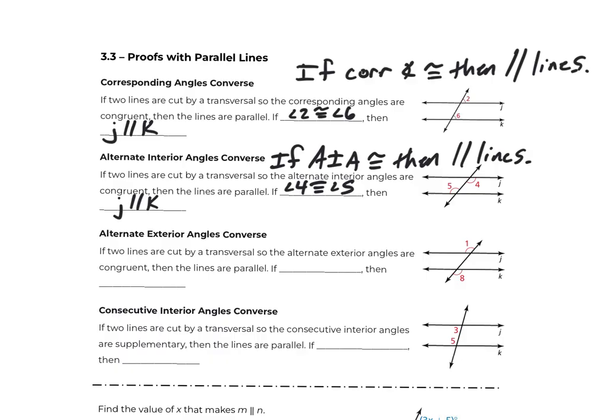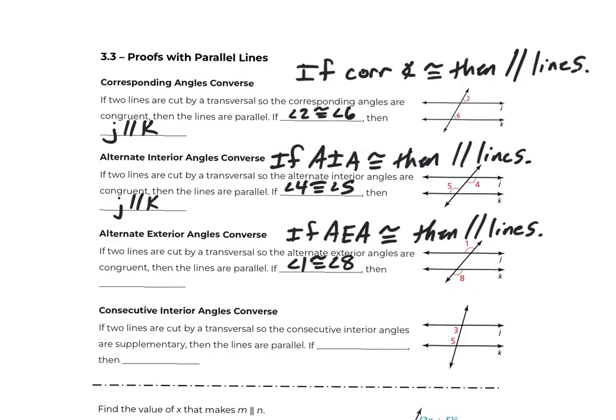Okay, alternate exterior angles. Once again, angle 1 and angle 8. As we look at angle 1 and angle 8, we notice they have the same marking, right? And so in this case, we're going to say angle 1 is congruent to angle 8. So we're going to say if alternate exterior angles are congruent, then we have parallel lines.